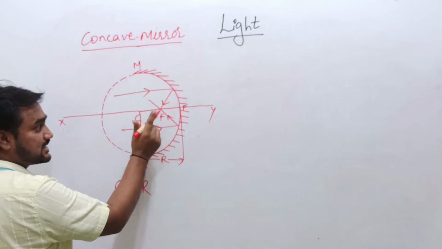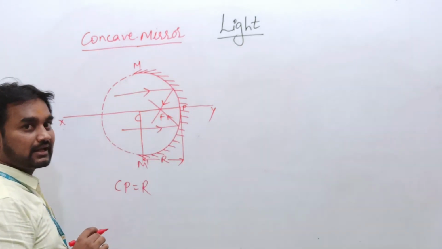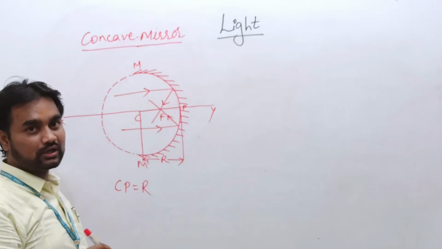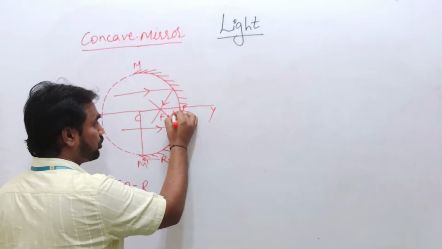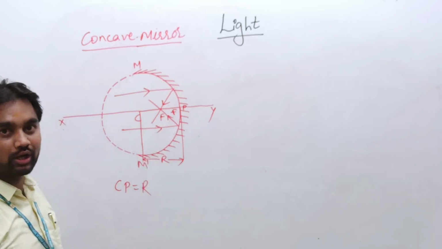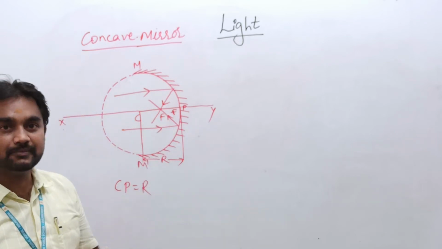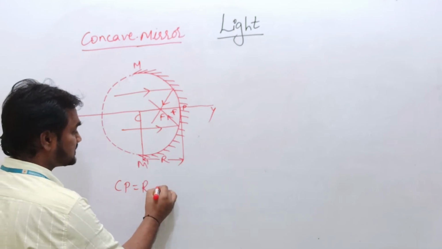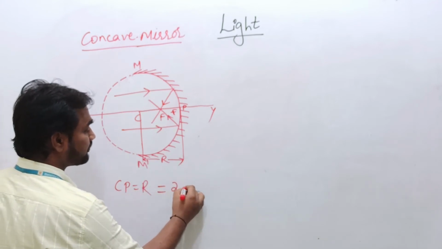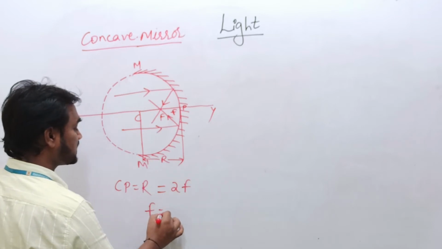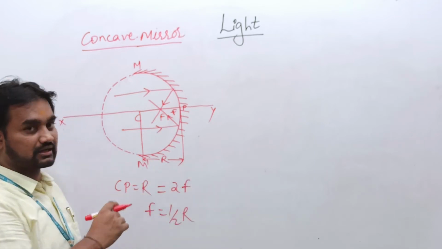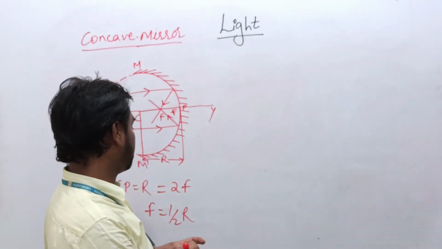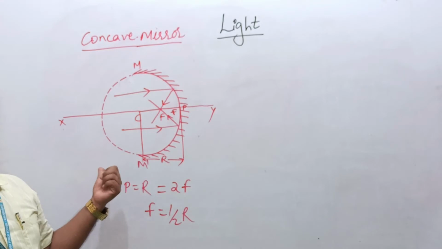The distance from the principal focus to the pole is called the focal length, denoted by lowercase f. Clear? Yesterday we saw that R is 2 times the focal length, and f is half of the radius of curvature. For that you can watch the previous class video. Hope you have understood this.